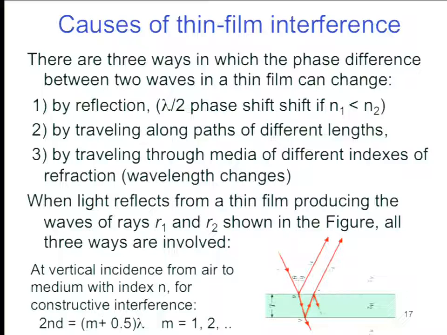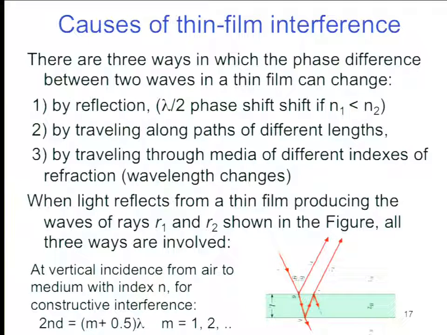And so the two beams have undergone different path lengths, and if they come in out of step, they interfere. If they come in constructively, you get a bright fringe. And you can get this effect. For example, you sometimes see an oil slick and it'll have colors because the waves of a certain color are constructively interfering.